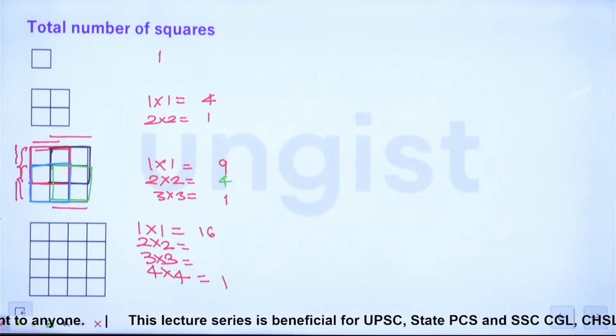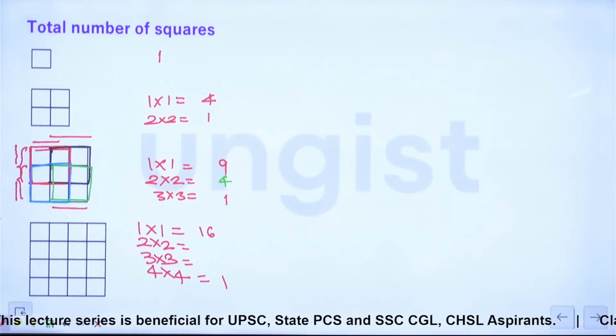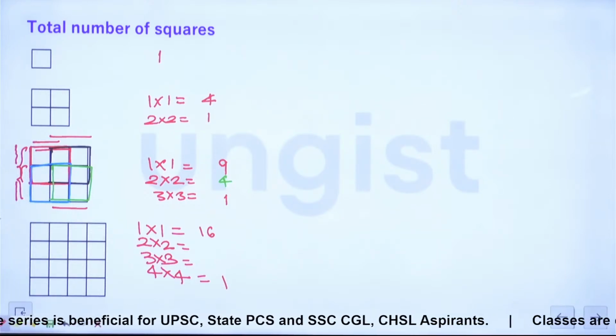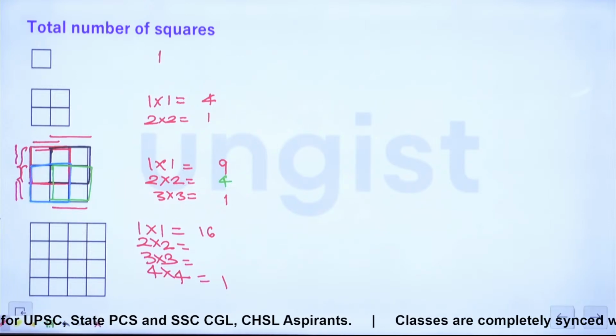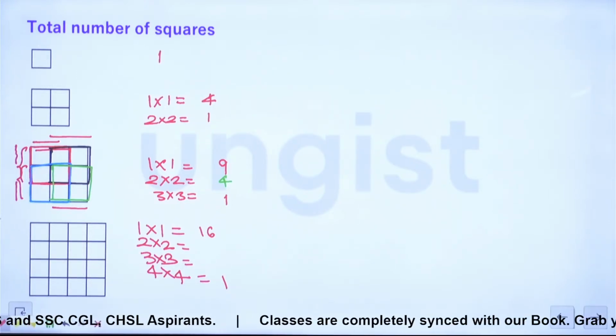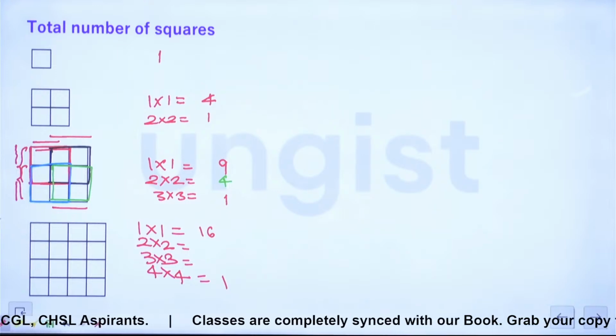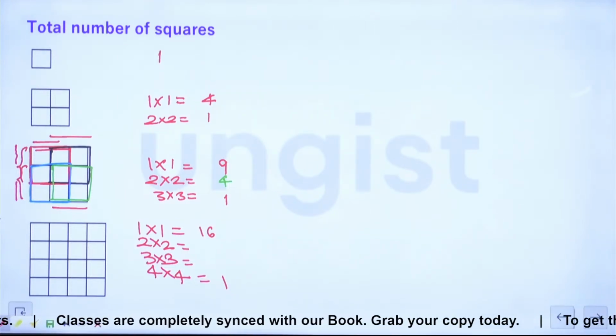Just count 2 by 2 with the same procedure, the same process which we have used earlier. 5? 11? Okay.